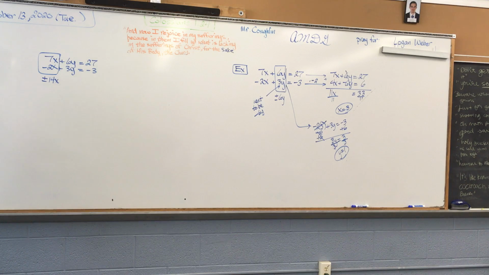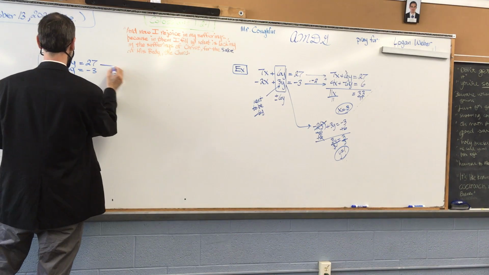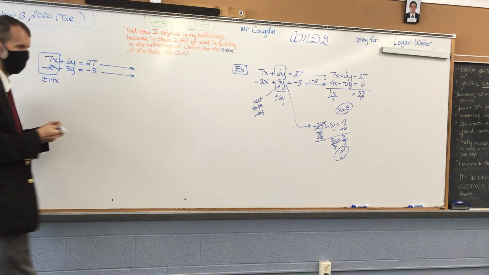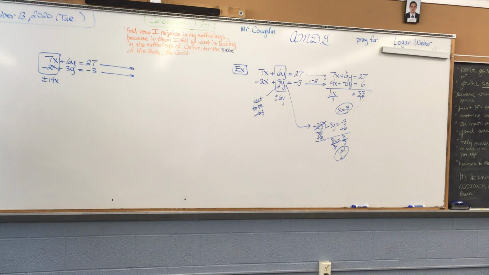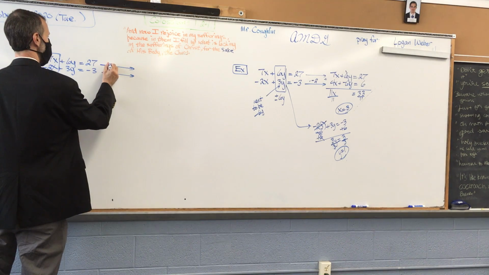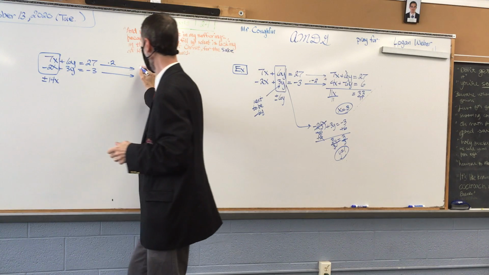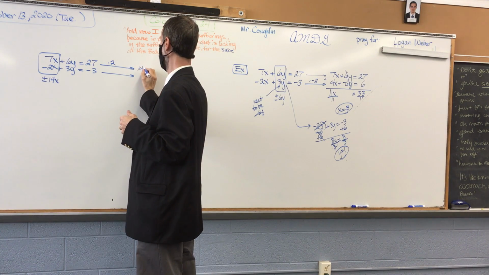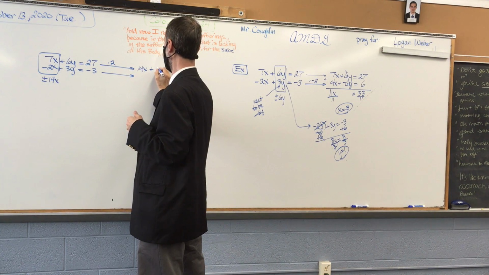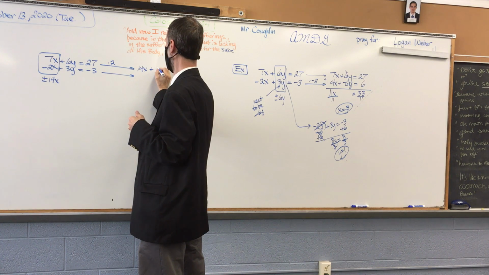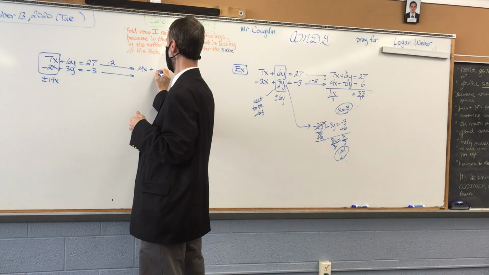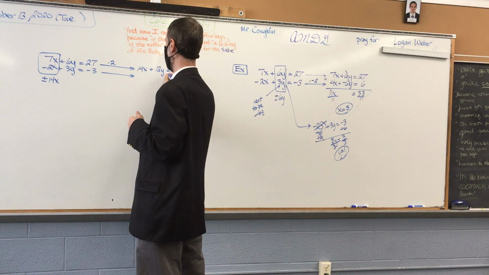Abby, take over. I want the top one to be positive; I don't care which one is positive, as long as one is negative. Can you get this up to 14? What would you multiply by? 2. Do the entire row. So 14x plus 12y. Exactly.